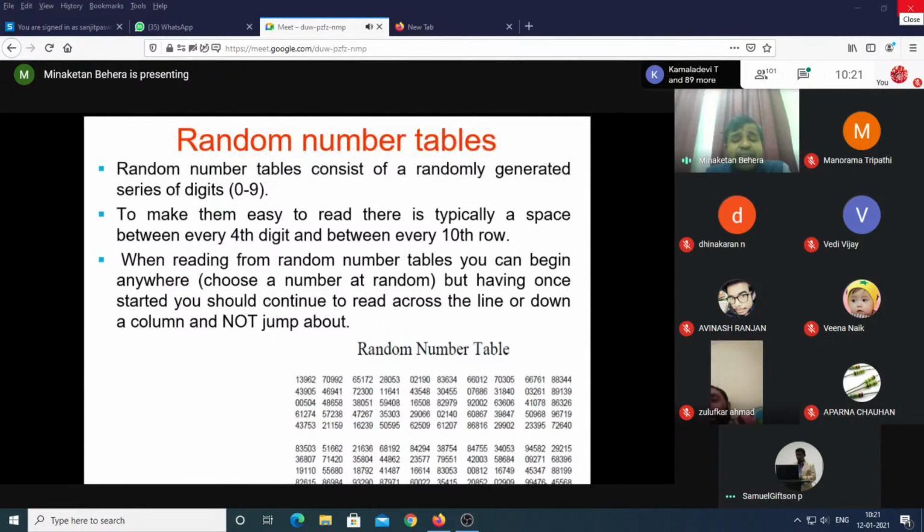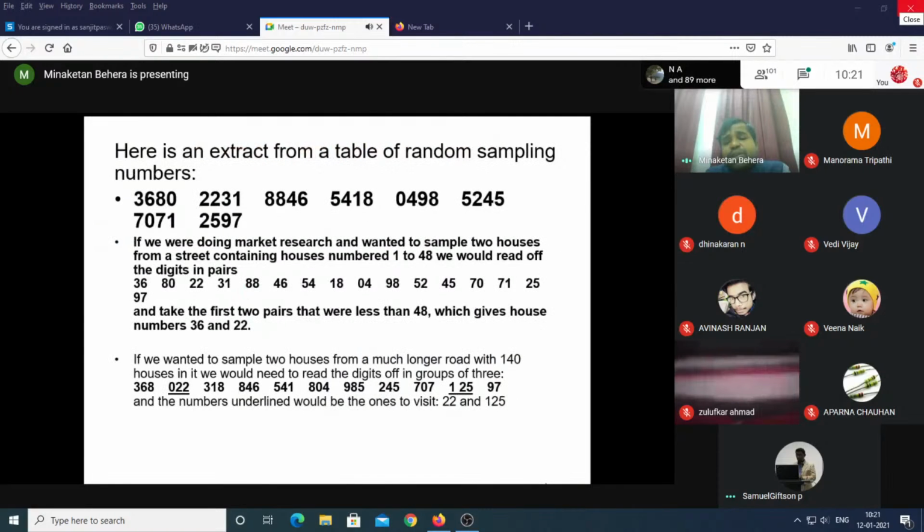You just read 13962, 70992, 65172, 28053. This is the table given. Suppose you want to select from it; you pick up a row, so suppose you have taken 36802231. This is the table.